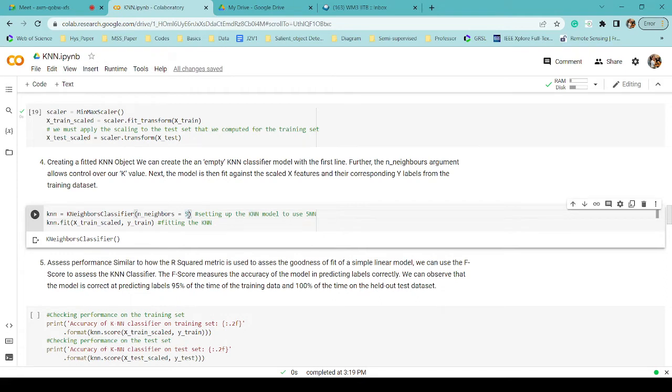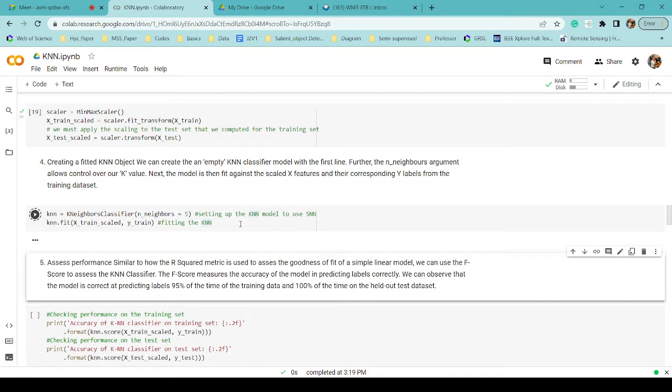It depends on how your error rate is working, or how your accuracy is working. So in KNN the K value depends on your accuracy and your error rate. And we'll see how we decide it. Okay, I'll give you one example for that as well. So KNeighbors n_neighbors equals 5. We are fitting it. And yes, my K neighbor is again called.